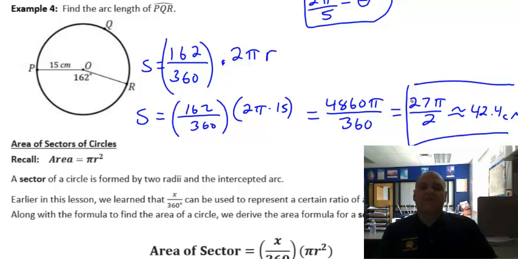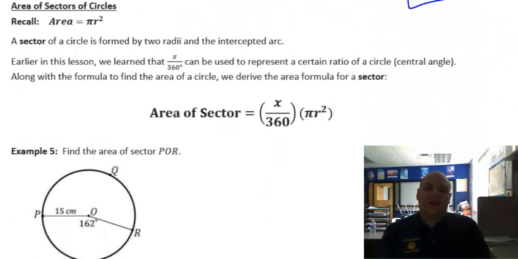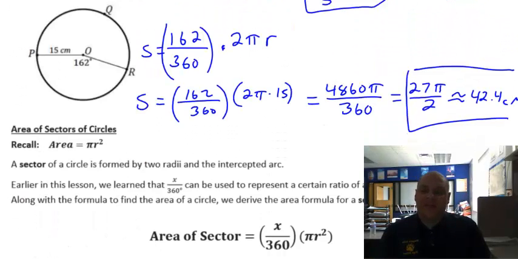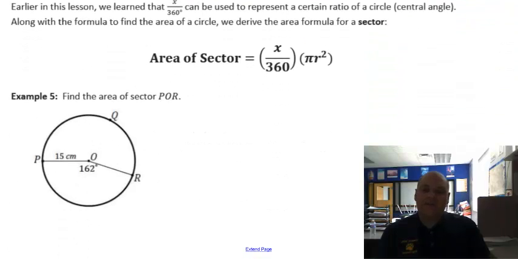So just using these formulas here. Now, area of a sector, we're going to do it the same way. If I want to find the area of this sector, POR, that's going to be part of the area of the circle.